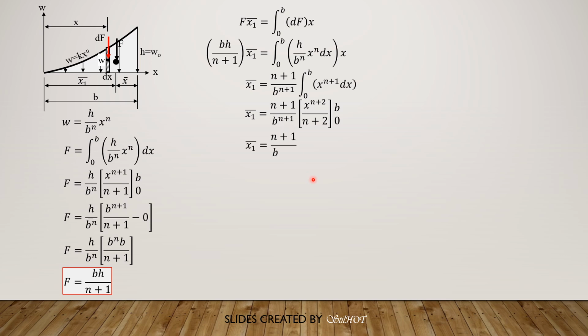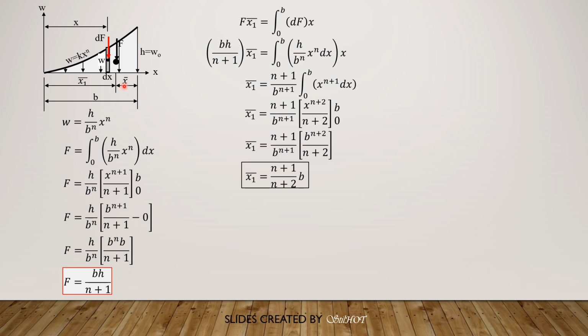So bar x1 is n plus 1 over n plus 2 times b. So that's the distance from this 0 end to the centroid of the area.